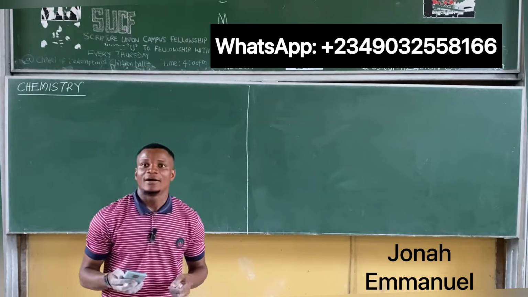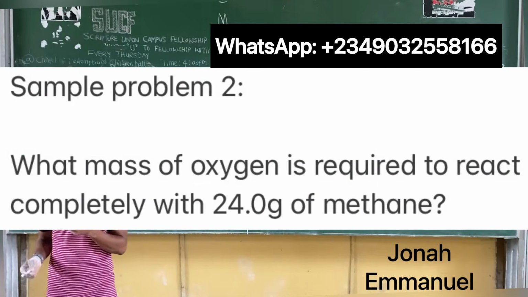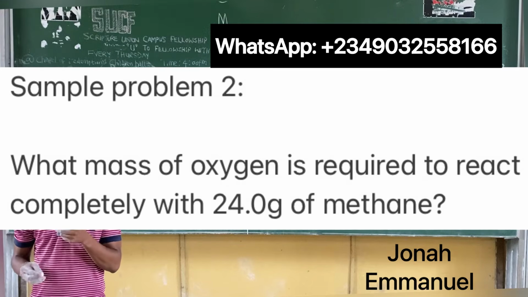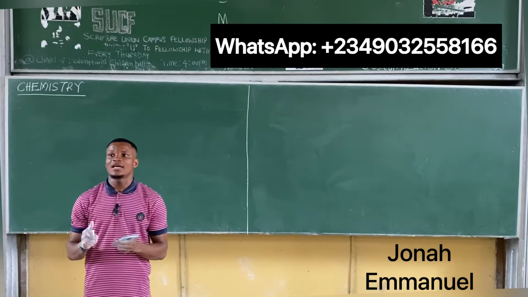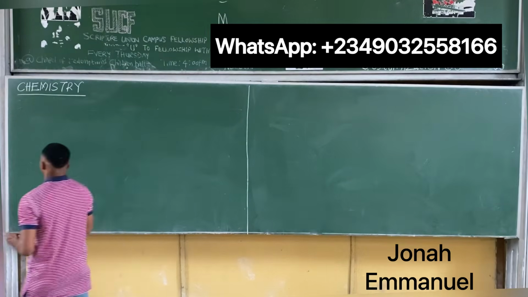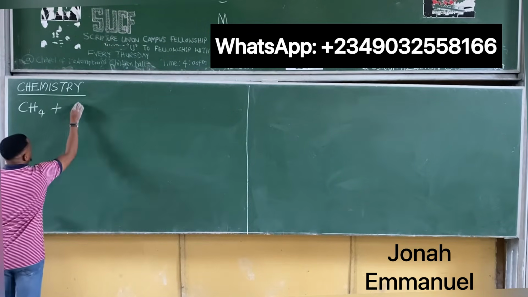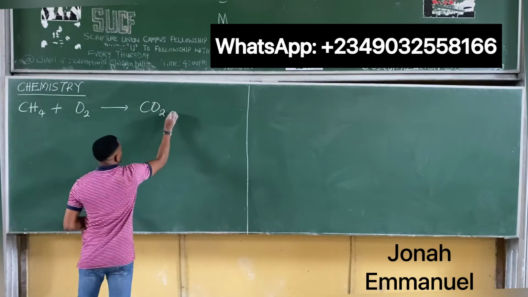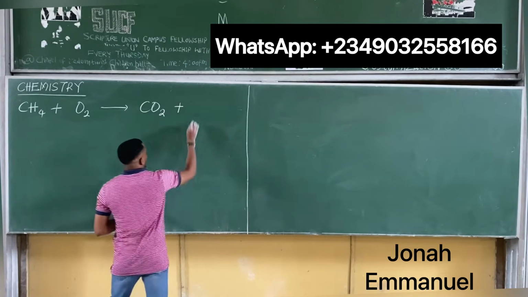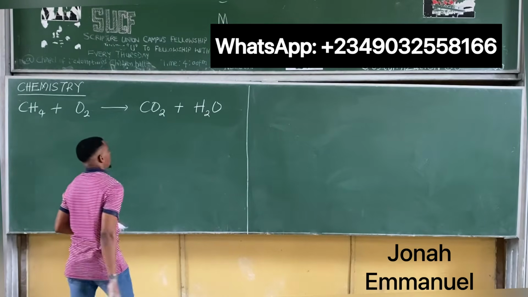So example 2: what mass of oxygen is required to react completely with 24.0 gram of methane? Of course, the same equation of reaction: methane, CH4, combines with oxygen, O2, to give you carbon dioxide, CO2, and water, H2O.